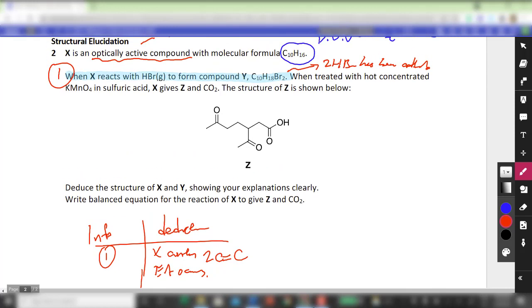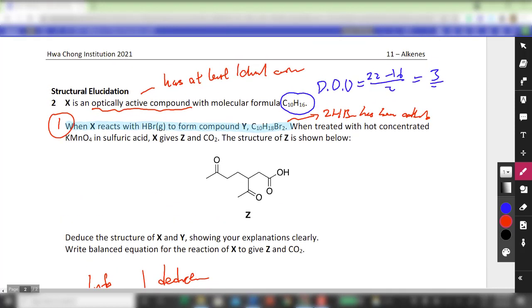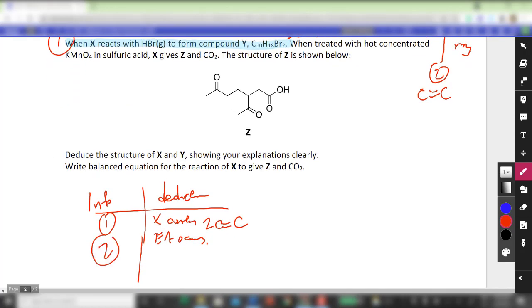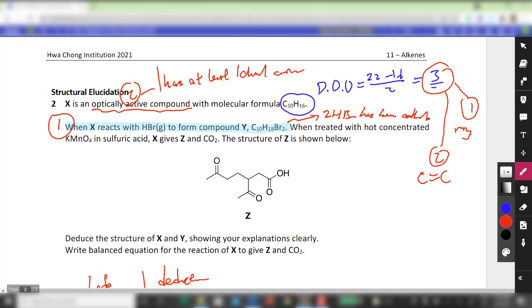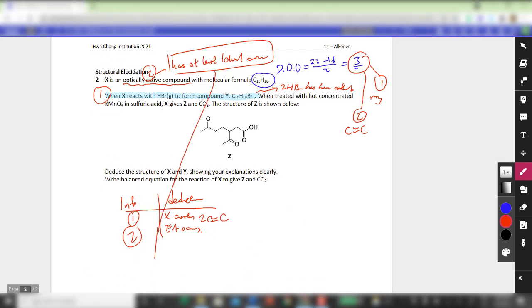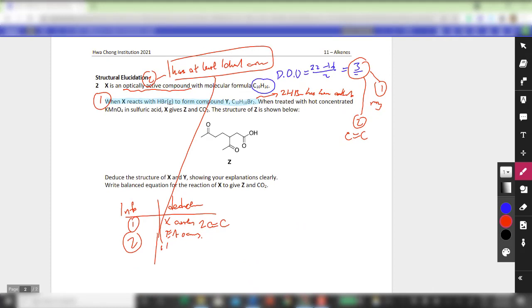And if you couple that with the degree of unsaturation, because you know that it contains 2 CC double bonds, then you will know that the remaining 1 degree of unsaturation must be due to a ring. Of course, if you want, you can incorporate this optically active part in, which I didn't write down. So you can put has at least 1 chiral center into this as part of your deduction.